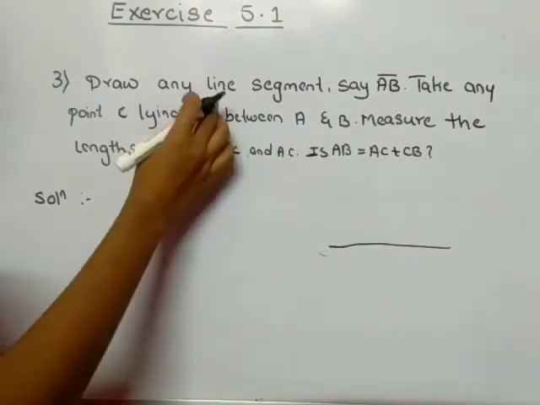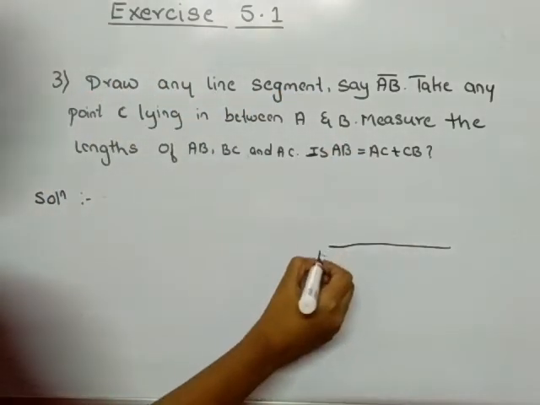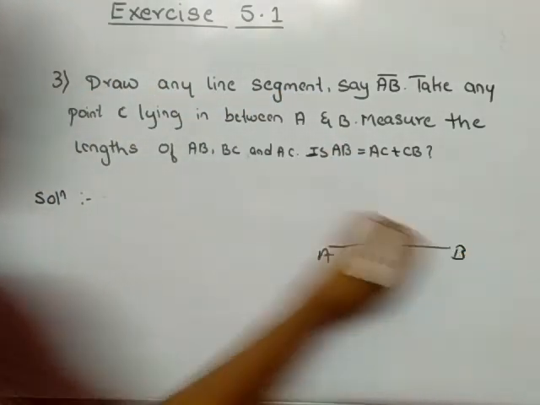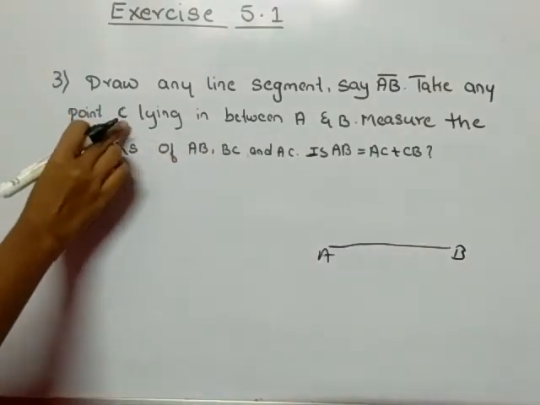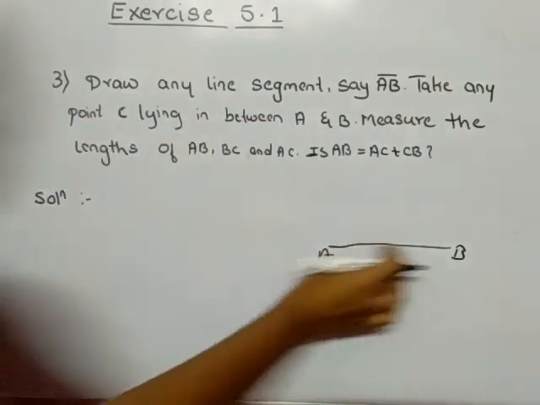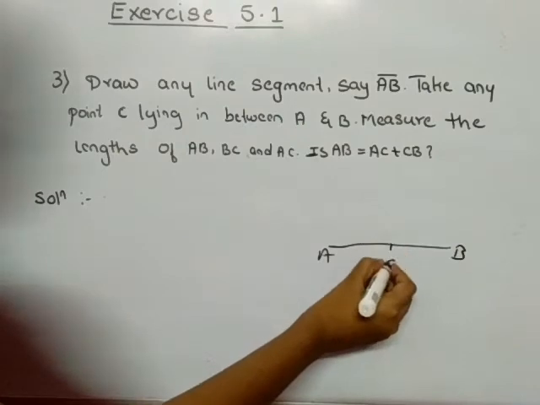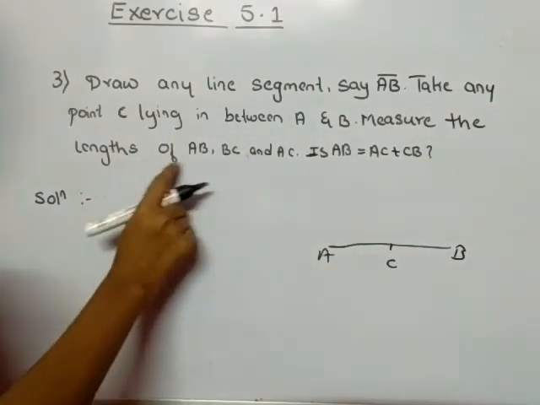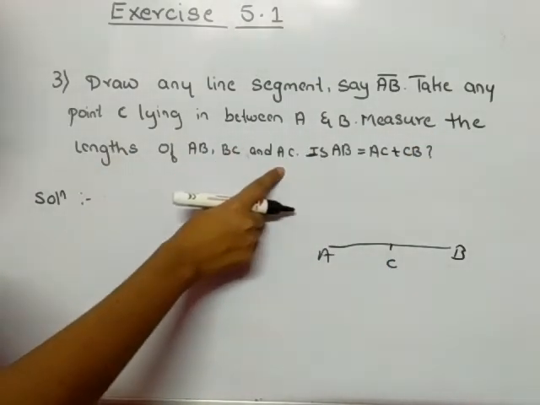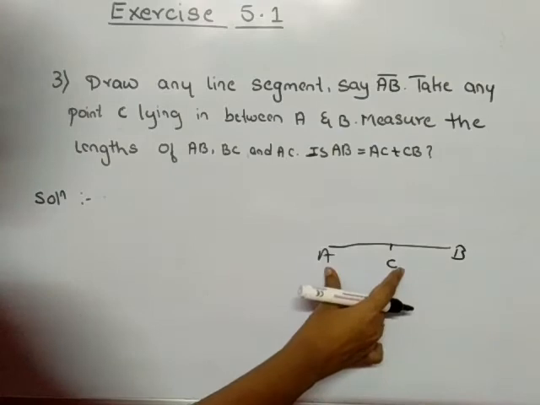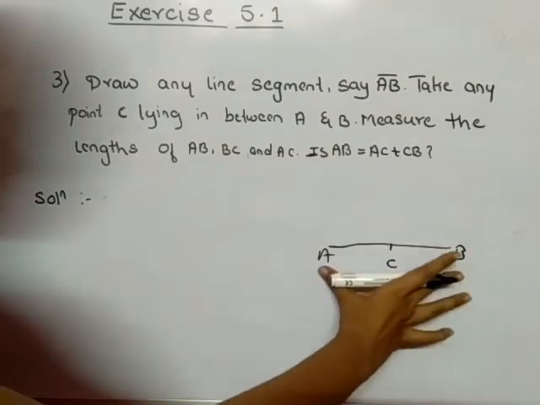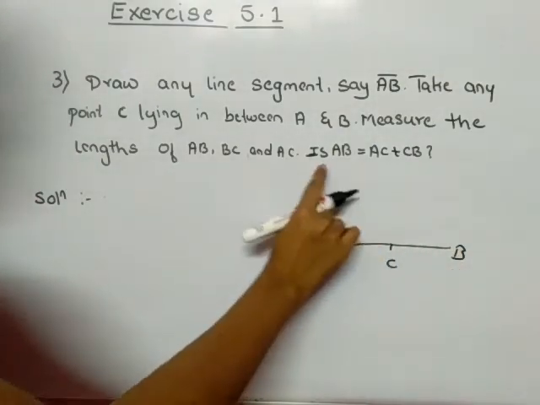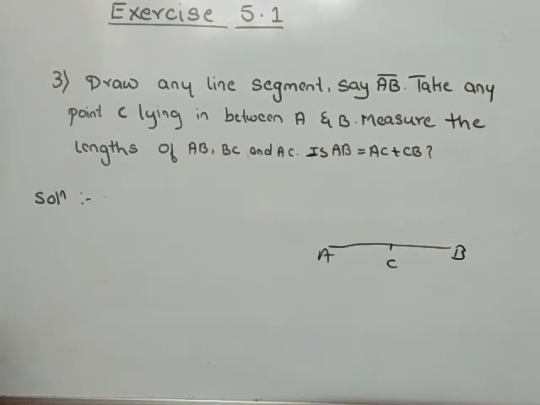Here it is the point C which is lying between points A and B. We need to measure the lengths of AC, CB and AB, and lastly check whether this condition is true or not.